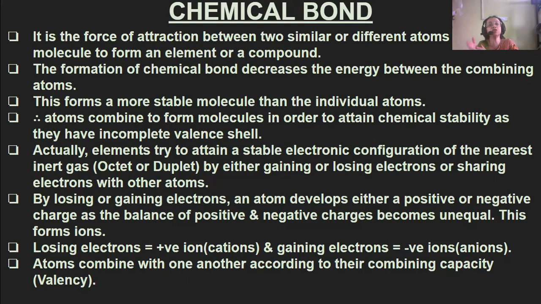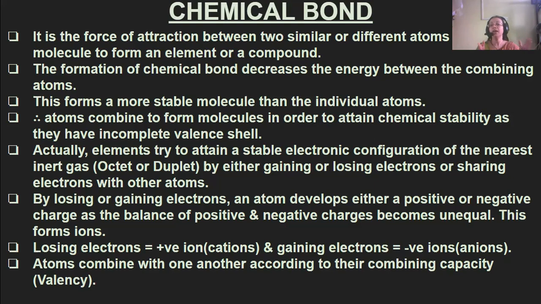When it combines with another atom of the same or different element, it becomes more stable, forming a molecule. Therefore, atoms combine to form molecules in order to attain chemical stability, as they have an incomplete valence shell.